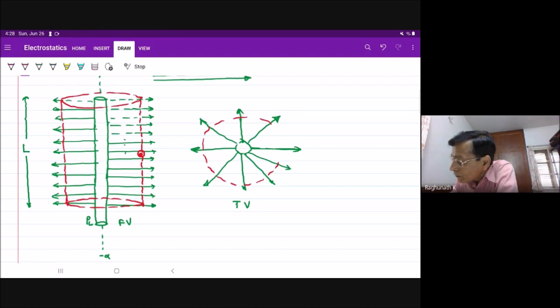Correct? Definitely, the flux is uniformly distributed on the cylindrical surface of radius, let us say R. I have taken an imaginary cylindrical surface passing through the point where I want to determine the field and having the line charge as its axis.